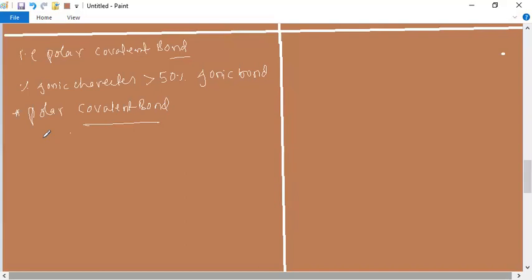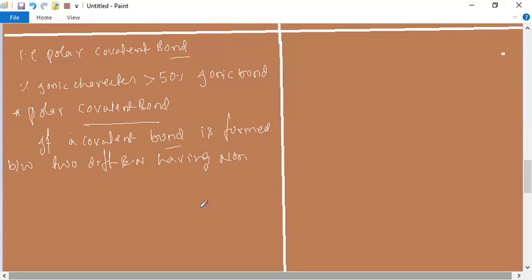A covalent bond, which means sharing of electrons, formed between two elements of different electronegativities, mostly non-metals, with ionic character from 15 to 50%, is known as a polar covalent bond.